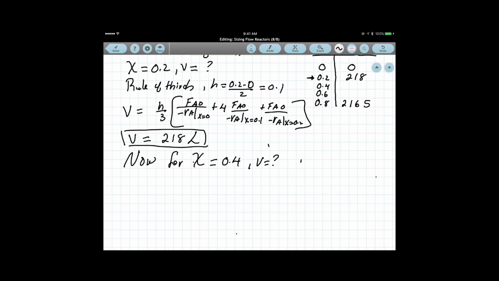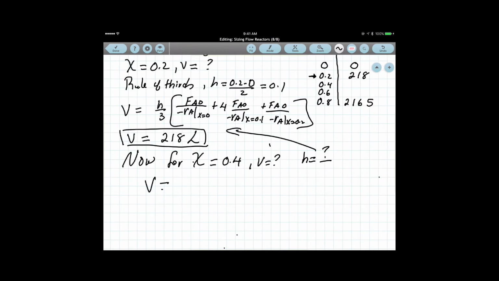Remember, you have to calculate what h is, so you can use it back in the equation. If you do the same thing based on the data set of the original table that I gave you at the beginning of the video, you get that the volume equals 551 liters. So we're still missing one data point. Let's focus on getting that one.